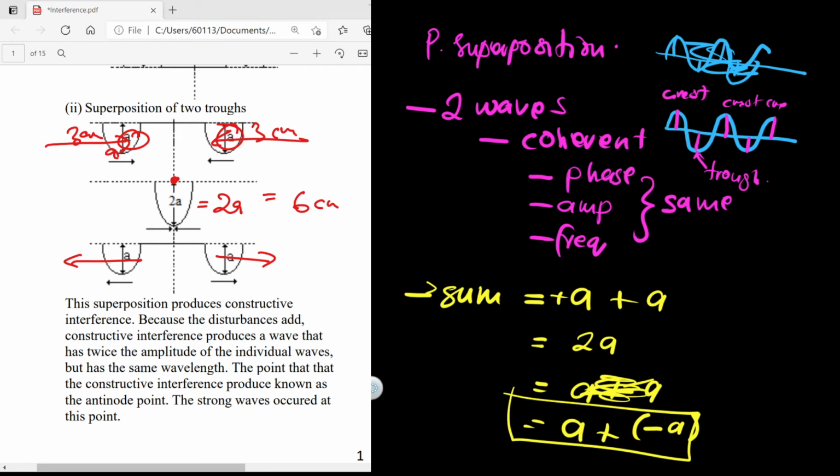Let's try to summarize here. Constructive interference. Why constructive?